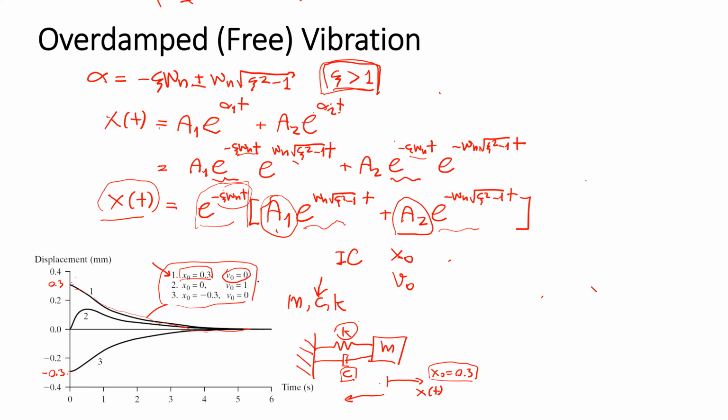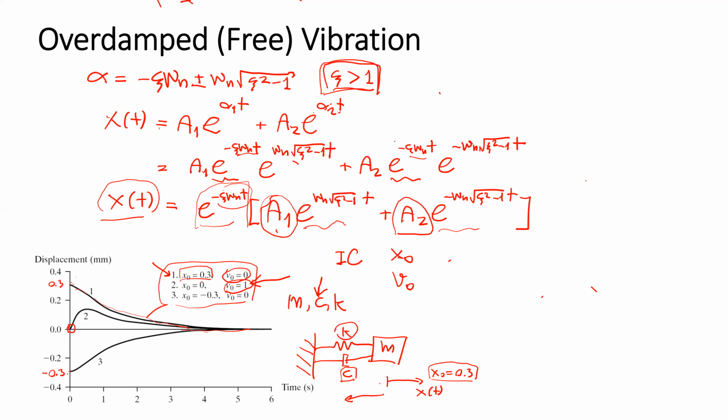In the second case, it's different. The initial position is 0, x0 equal to 0, but we have the velocity when time equal to 0, and the velocity is positive. So it means the displacement is increased.